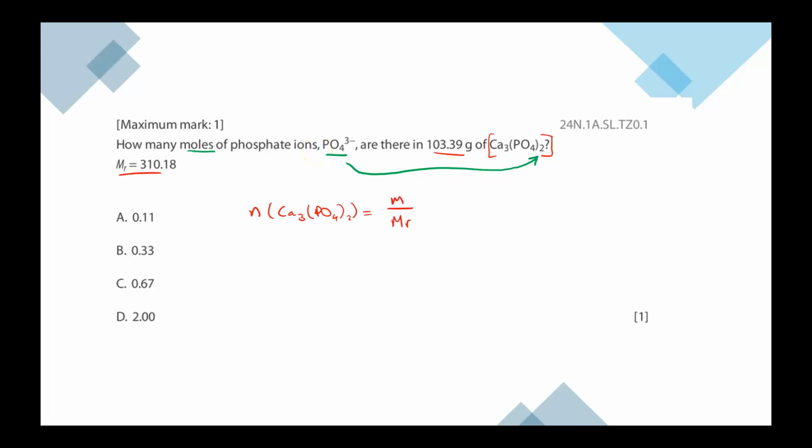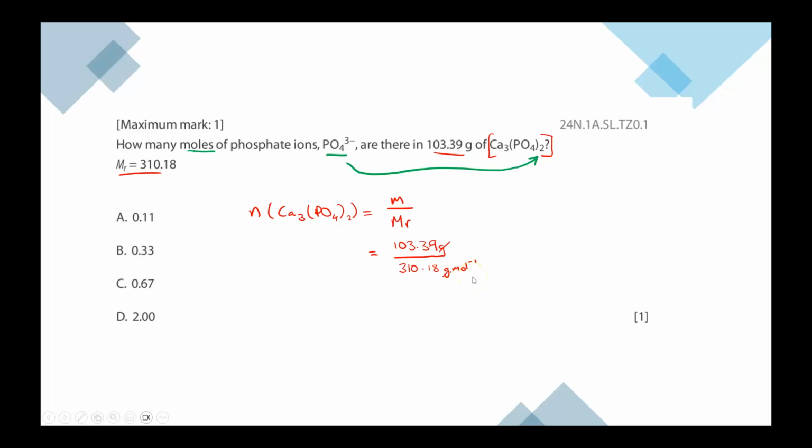So the first formula we're going to use is that moles equals mass over molar mass, and we have the information for calcium phosphate, so we'll deal with that. So moles equals mass over molar mass, which we have the numbers, 103.39 grams over 310.18 grams per mole.